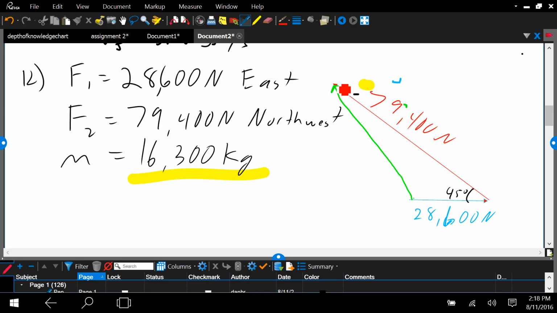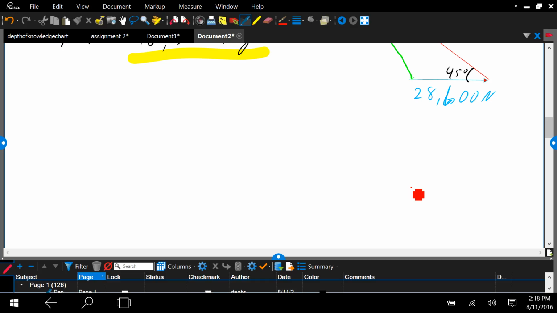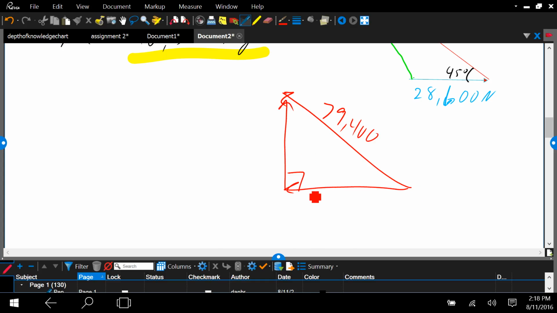So that red line right there, I'm going to redraw it like this, just freehand. Okay, so this is my 79,400. There are two lines that meet at a right angle that would make up the legs of this right triangle.